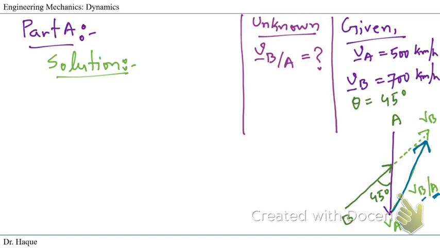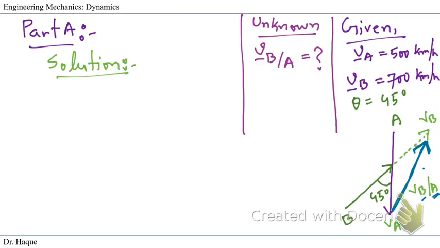So we're trying to find this velocity, VB with respect to A.